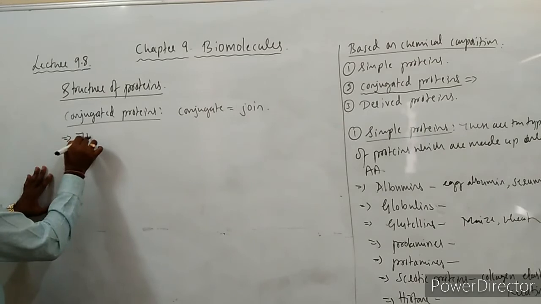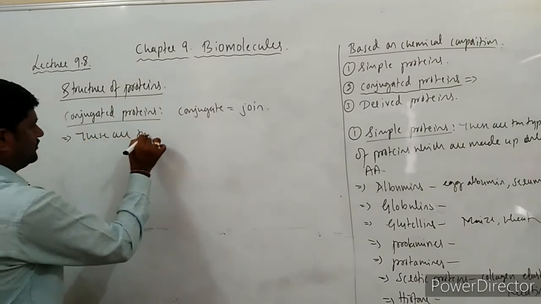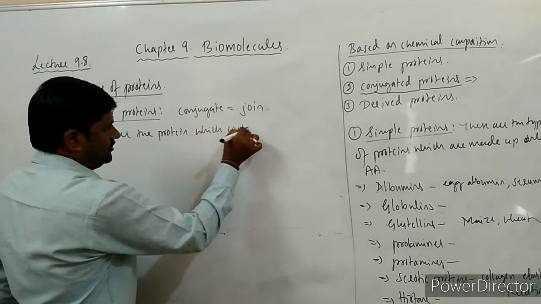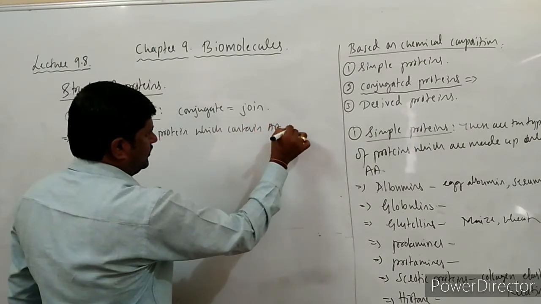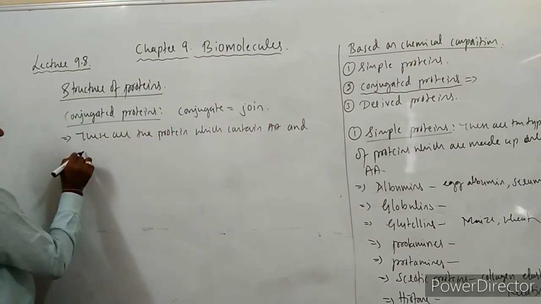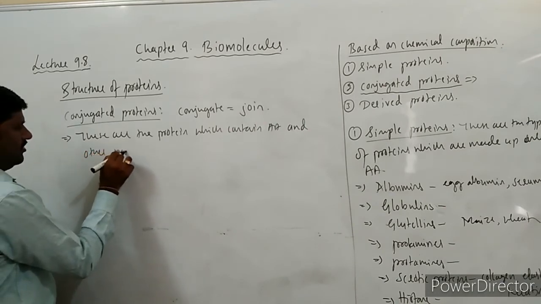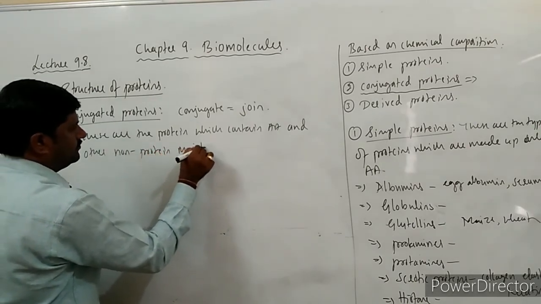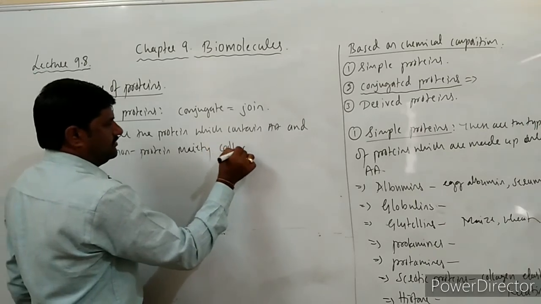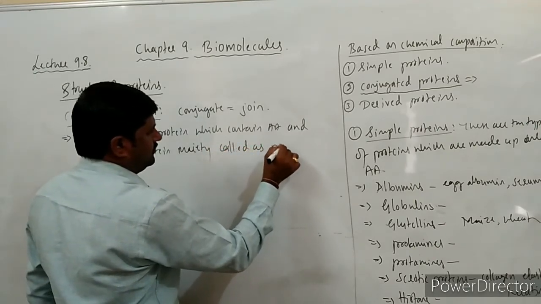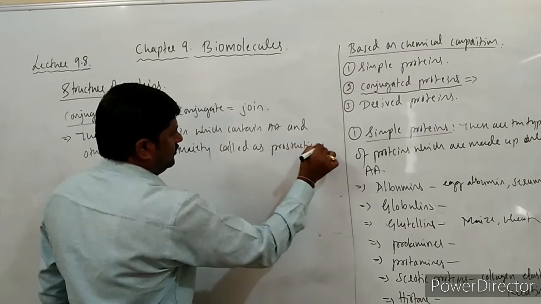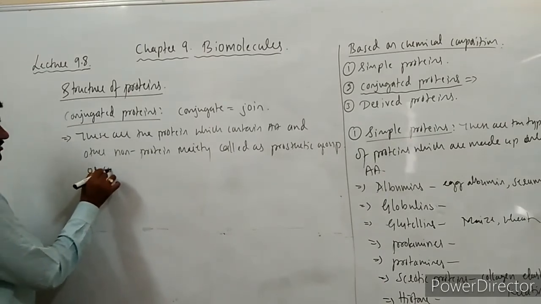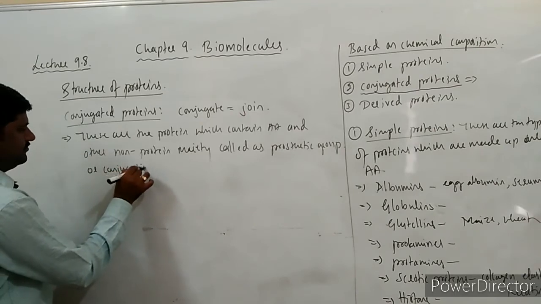These are the proteins which contain amino acids and another non-protein moiety called the prosthetic group, or conjugation group.